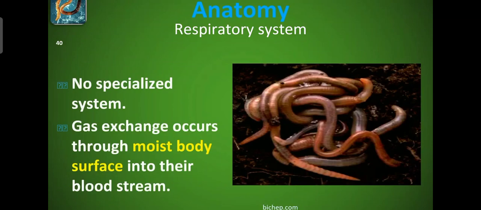Then the next system, that is the respiratory system. Here you will not find any specialized respiratory system. Then how is respiration occurring? You must be thinking. Here the gas exchange occurs through the moist body surface. If you see the earthworm, you must have observed that the body is always moist.